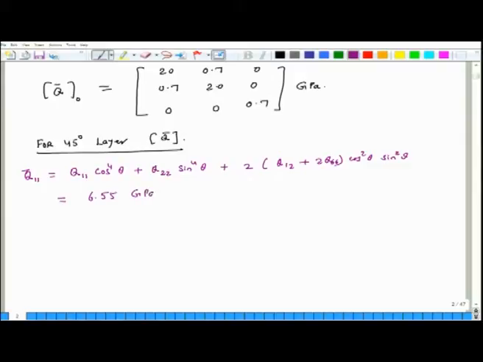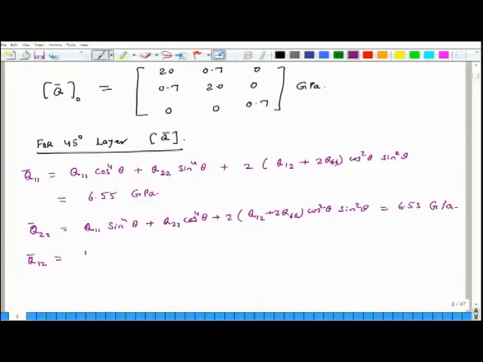6.55 GPa. Similarly, Q22 bar is Q11 sine 4 theta plus Q22 cosine 4 theta plus 2 times (Q12 plus 2 Q66) cosine square theta sine square theta, and this is also the same, 6.55 GPa. We also find Q12. I am going to directly plug in the numbers.